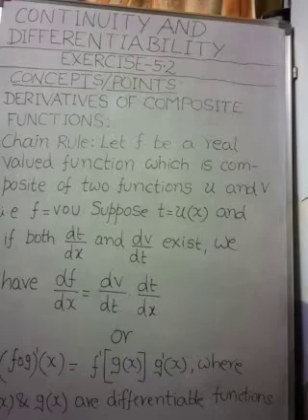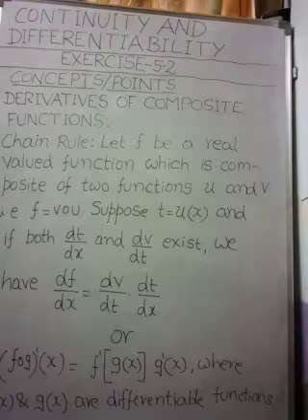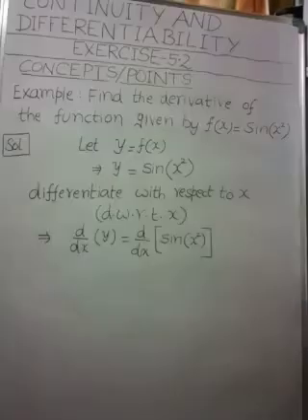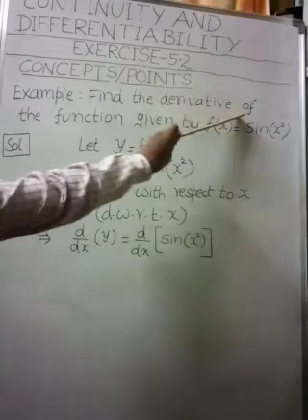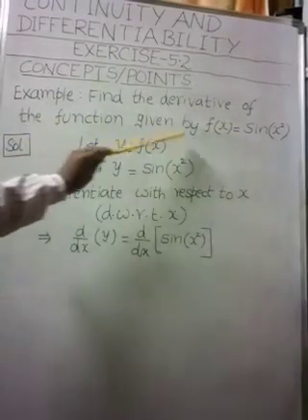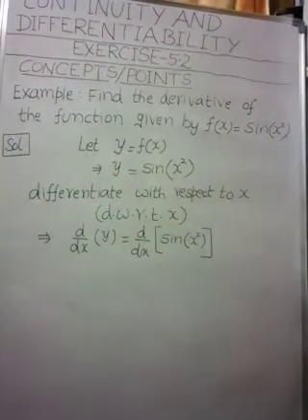We frequently use this concept, the derivative of a composite function. Let us take an example to understand this concept very clearly. Find the derivative of the function given by f of x is equal to sine of x square.